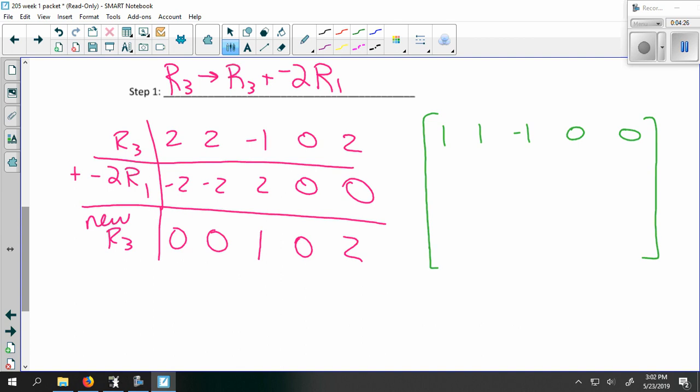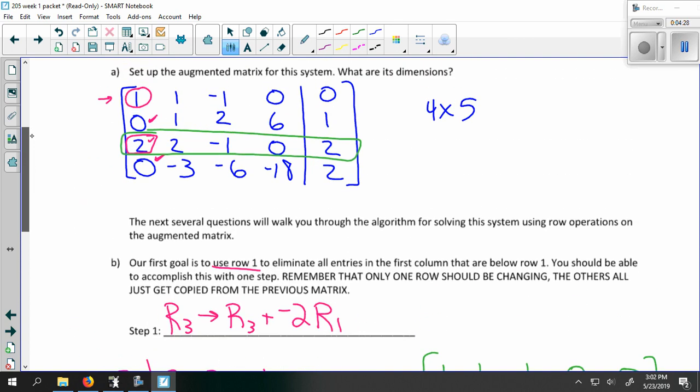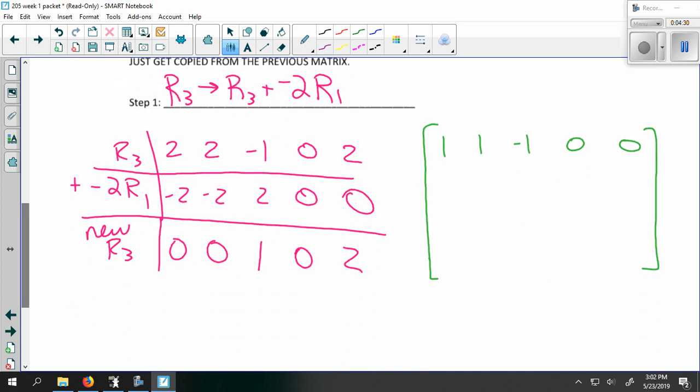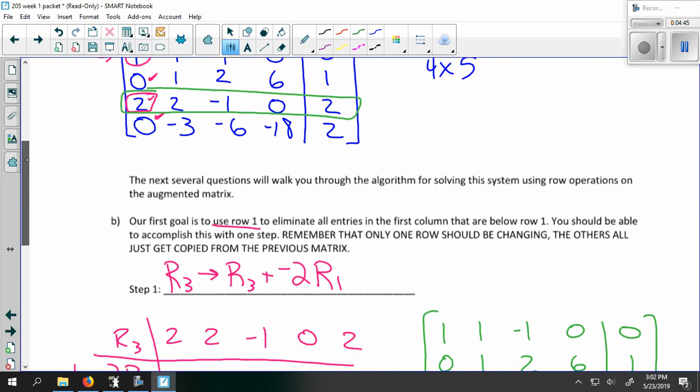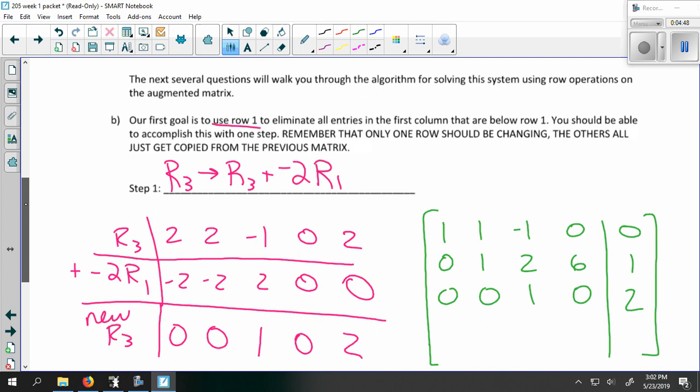Row 2 just gets copied, and that is 0, 1, 2, 6, 1. Augment there. New row 3, 0, 0, 1, 0, 2. And then row 4 just gets copied from earlier. That is 0, negative 3, negative 6, negative 18, 2.